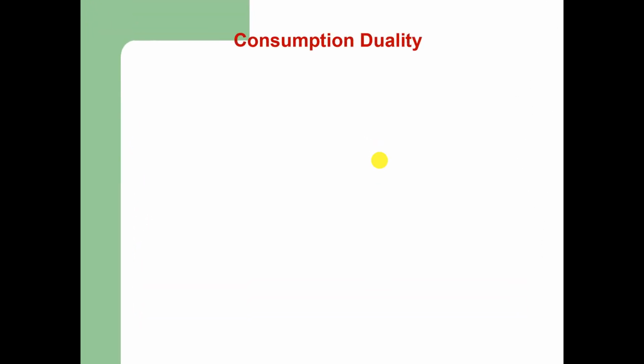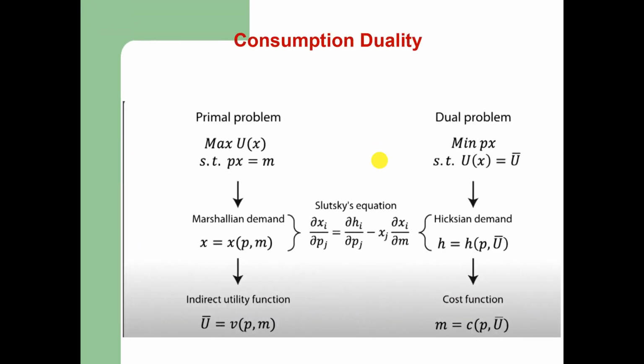So let us deal with this primal problem mathematically. We can discuss consumption duality using the primal problem and the dual problem, but we use a mathematical approach.